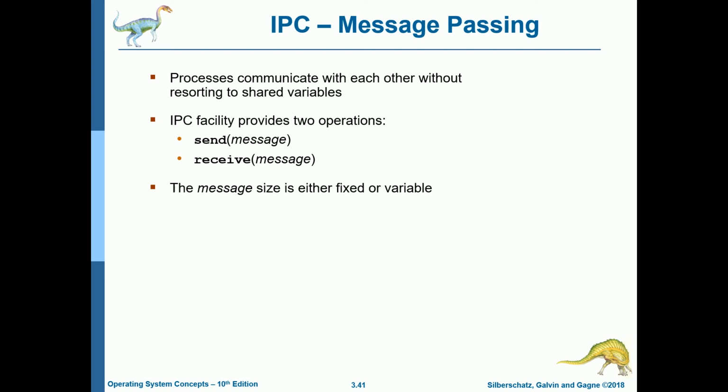It is particularly useful in distributed environments where communicating processes may reside on a completely different computer. Now, message passing is facilitated by at least two operations: send and receive. Messages sent by a process can either be fixed or variable size.